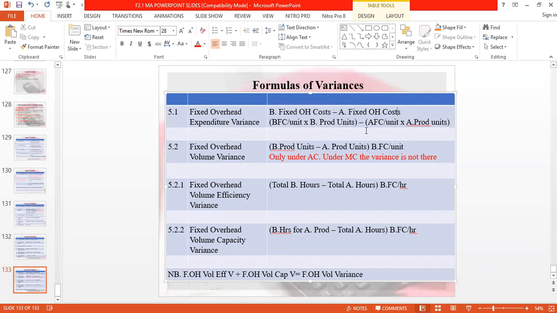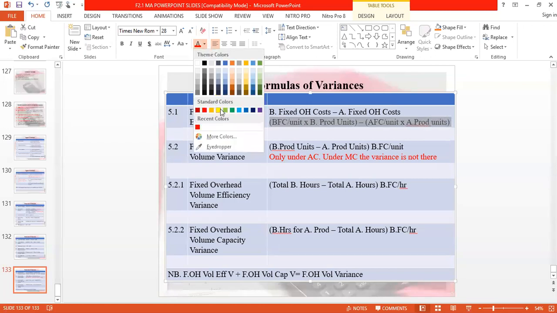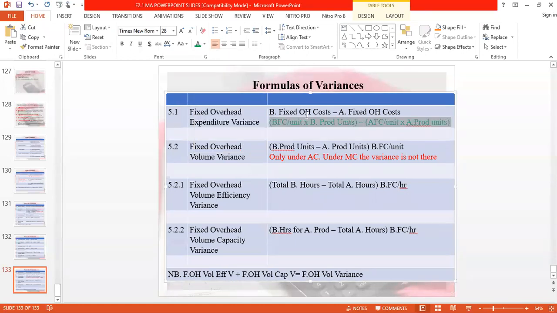It is not over. They just help you to calculate the budgeted fixed overhead only, period.